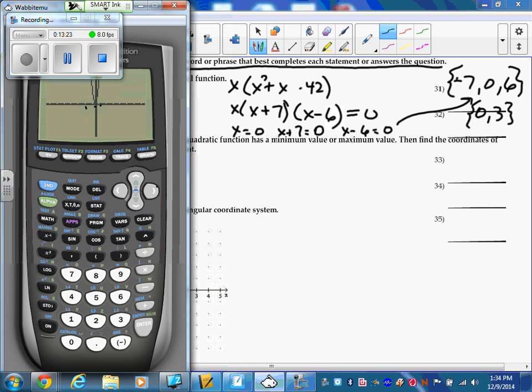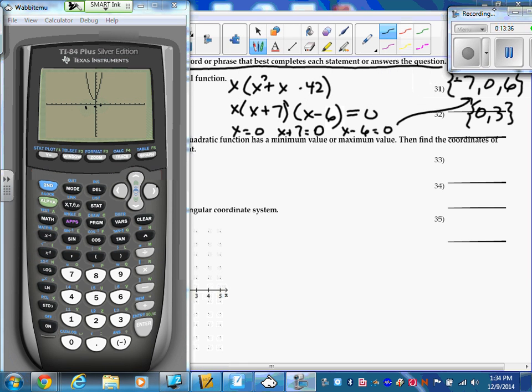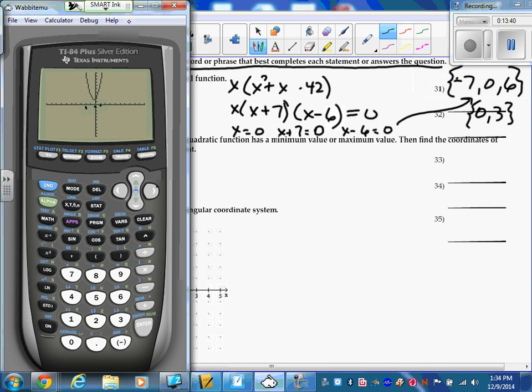And so I'm going to zoom 6, zoom standard, and there it is. So you can see that this one has a minimum and not a maximum.